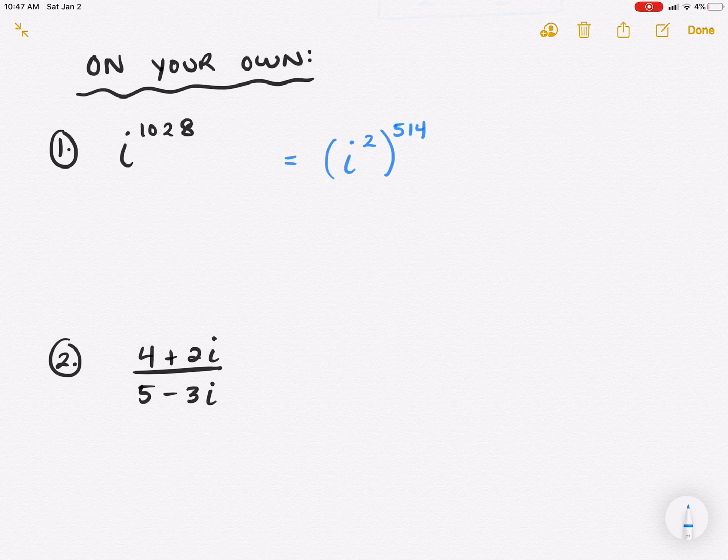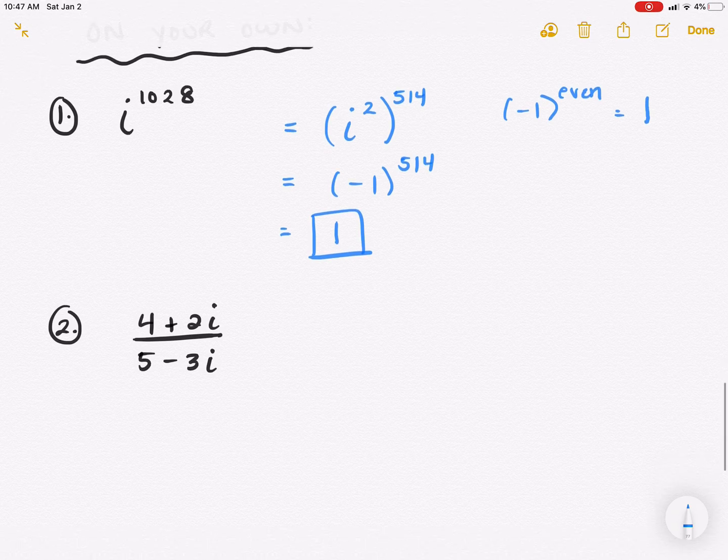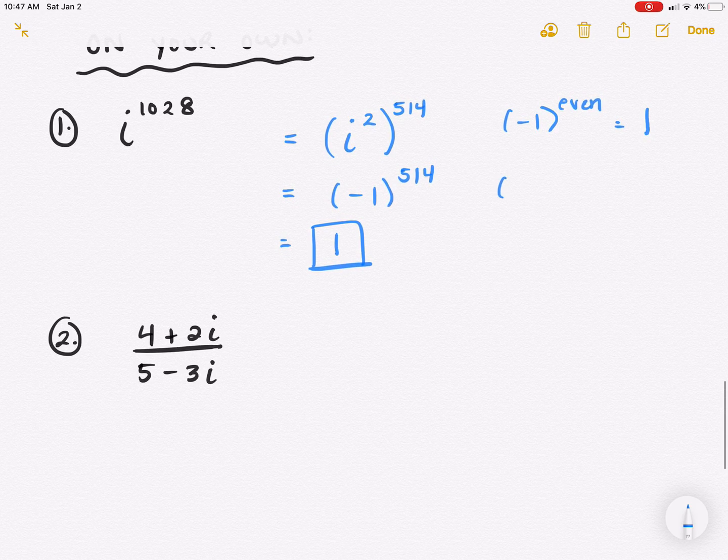And since it goes in evenly, there's no i's that are going to be left over. So this is like having -1 to the 514 power. And we've talked about this. When you take -1 to an even power, it's always going to equal a +1. I don't actually have to put that into my calculator. There's a nice little pattern that helps us with this little shortcut, where if we took it to an odd power, it's going to make a -1.